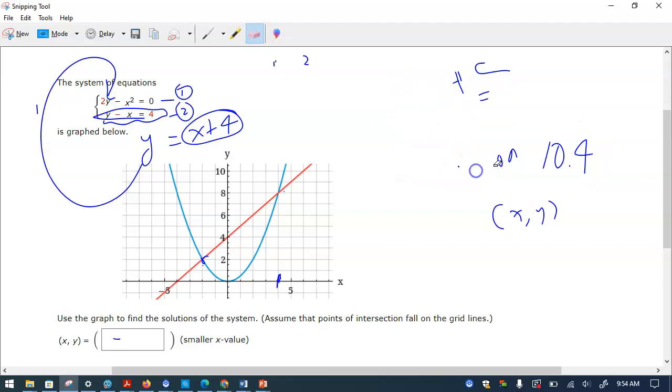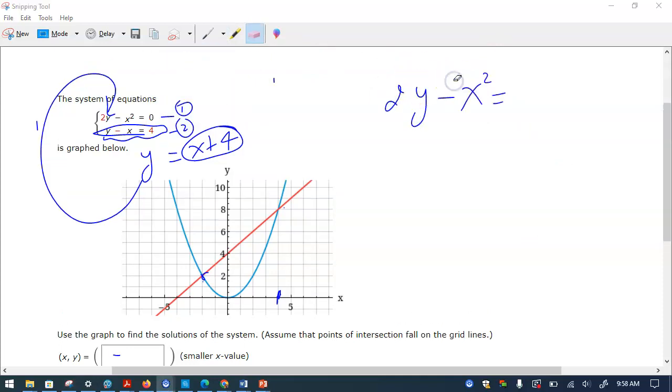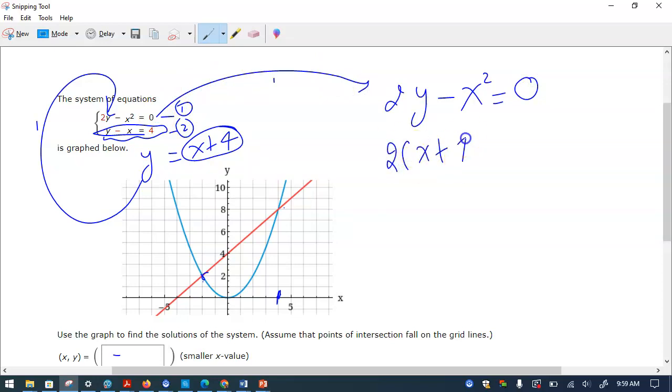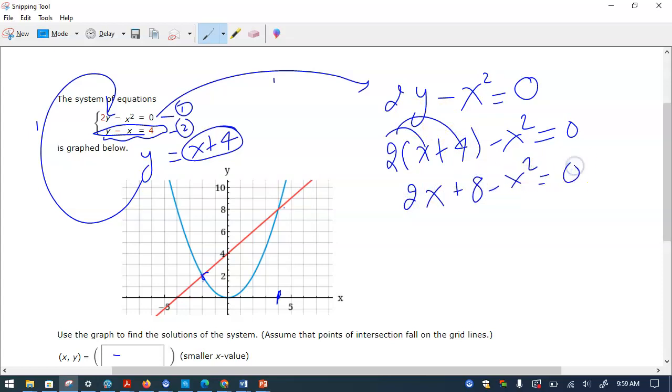And I just show this because it's better to know how it works. So you put 0 here, and then I'm writing the first equation, and I'm plugging in x plus 4 minus x squared is 0. Using the distributive property, you get 2x plus 8 minus x squared equals 0.